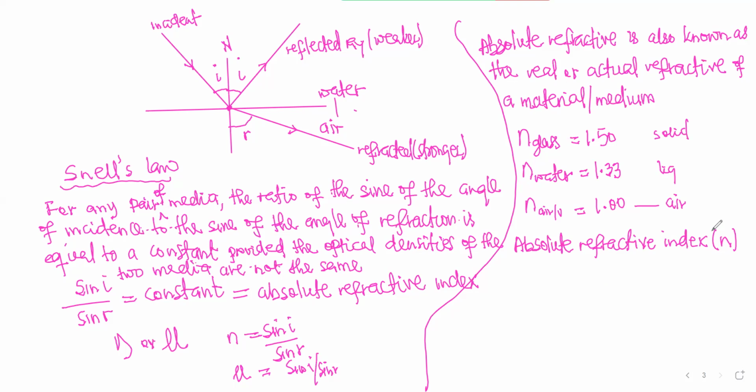When we talk about absolute refractive index, it is the refractive index of a material when light is traveling from air into any denser material. For absolute refractive index, it is a must that the light must come from air into another dense material.